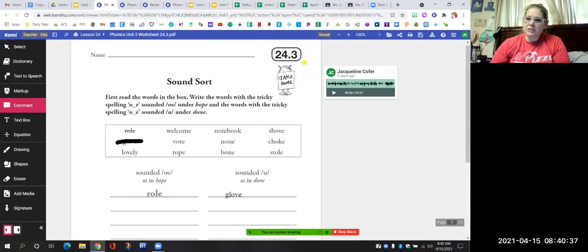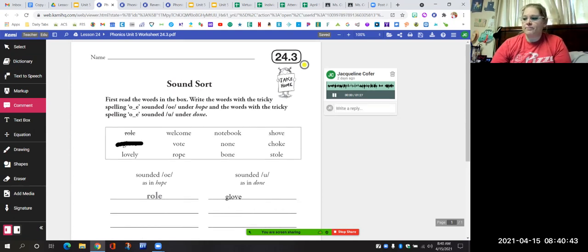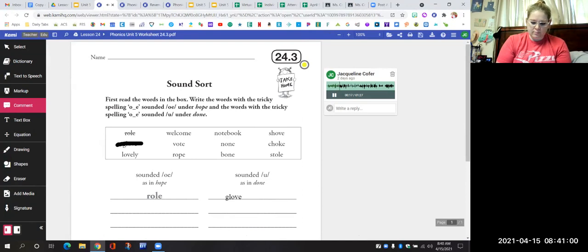Okay, so it's pretty much the same thing as 24.1, just a little different. So for worksheet 24.3, you are going to sort your words. You're going to read the words that are in the box first. Then you're going to write the word that has the tricky spelling O under hope, and then the ones that say under done.